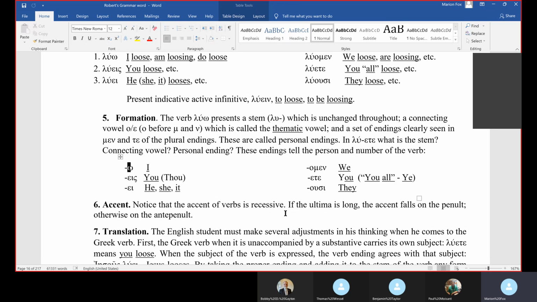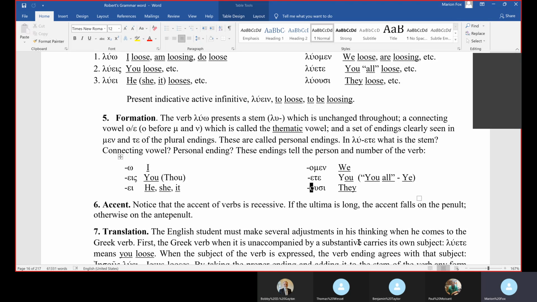These are called personal endings. My understanding is that these originally come from old pronouns. So we have the endings o, eis, ei, that's first, second, third person singular. Over here we have omen, ete, ousi.